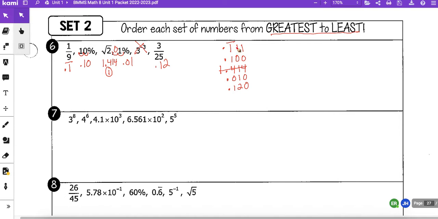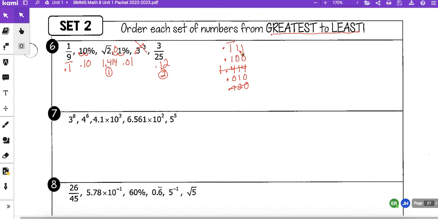So now we're looking at the greatest out of all of these. Okay, so we have 111 thousandths, 100 thousandths, 10 thousandths, or 120 thousandths. So hopefully you were thinking that this is the greatest one left. So we're going to go ahead and put a 2 here. We'll cross it out.